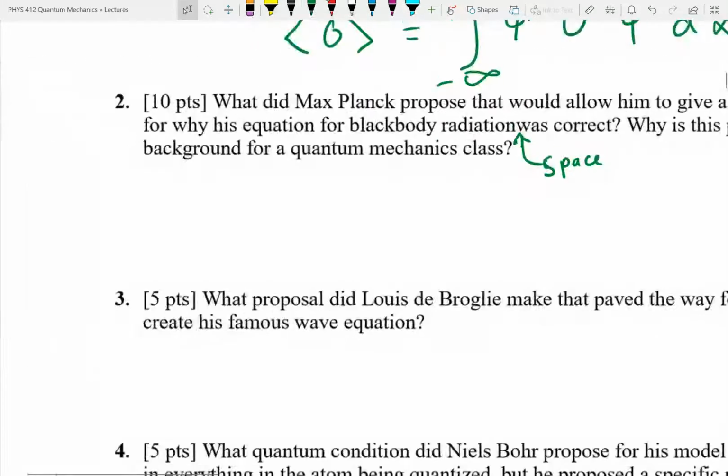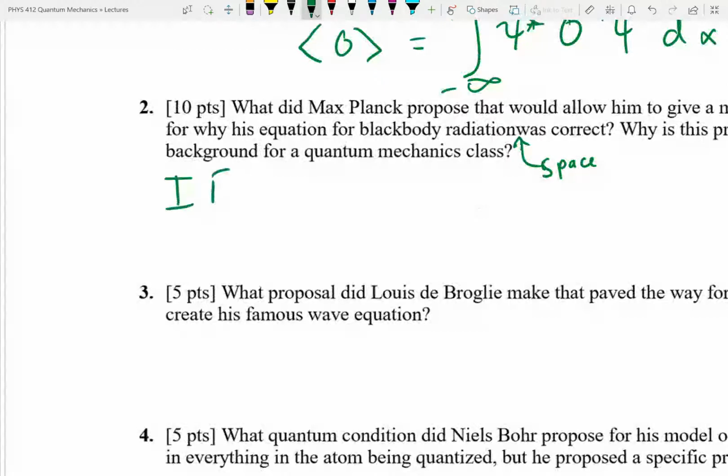He proposed that the energy at a given frequency was equal to an integer multiple of a constant times that frequency.